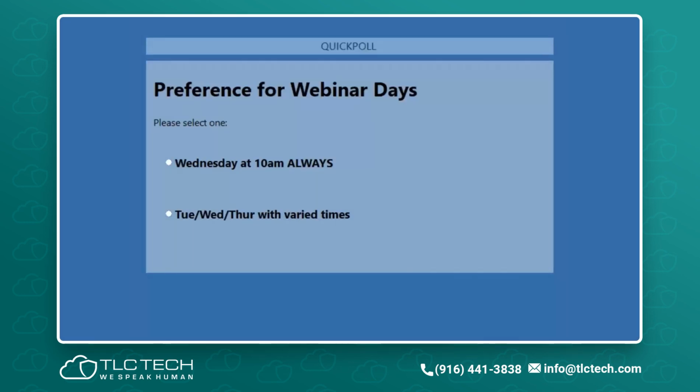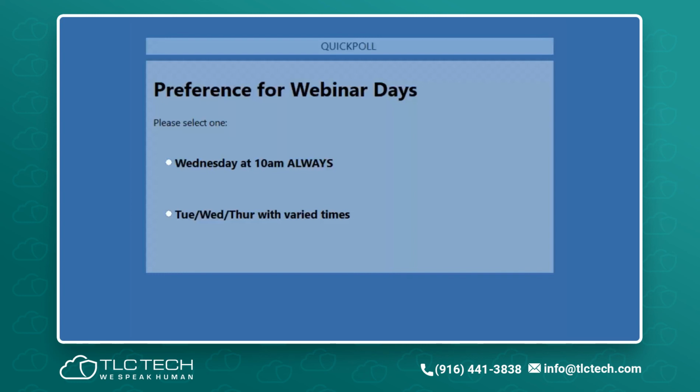Do you want to have this on Wednesdays at 10 o'clock always, or do you want me to mix up the days and do it Tuesday, Wednesday, Thursday? It should have just popped up on your GoToWebinar, the little icon where you type the questions. You should see one that says poll. If you open up the poll, you should see the two options.